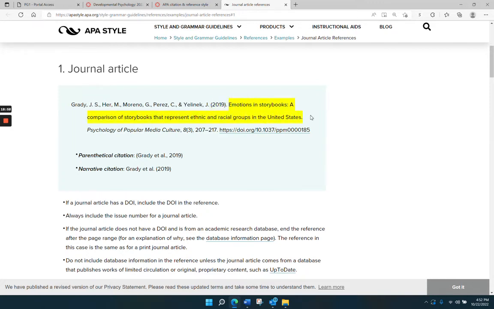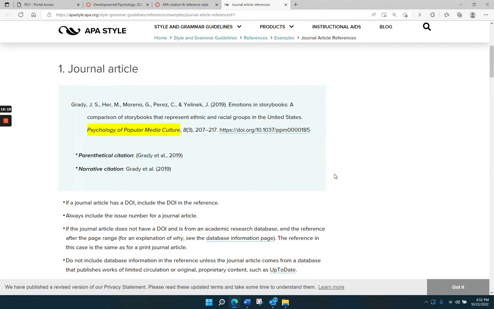You have the title of the article, capitalize the first word after a colon, and any sort of proper nouns like, in this case, United States. Then you have the name of the journal.